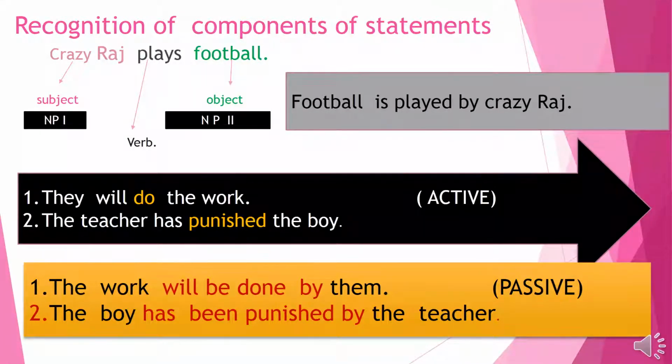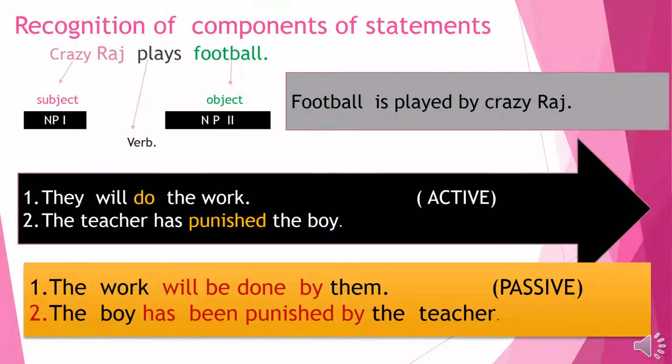Now, when they are converted into passive voice, the statements will be, the work will be done by them and the boy has been punished by the teacher. My dear friends, you can see that the doer of the verbs in both the sentences is the same. At first, they, and in the second, the teacher, because the word by is placed before the doer of the verb, which was the subject in the first type of statement.